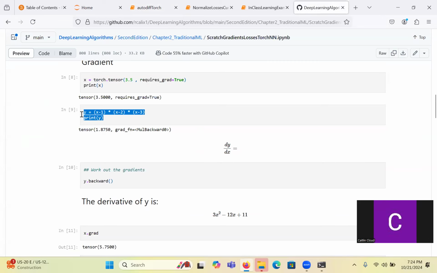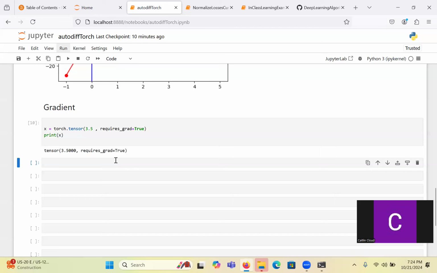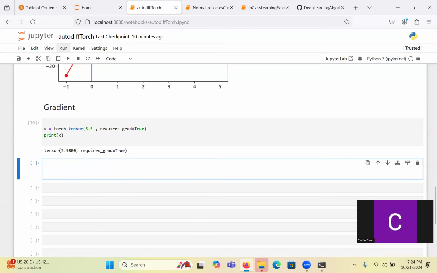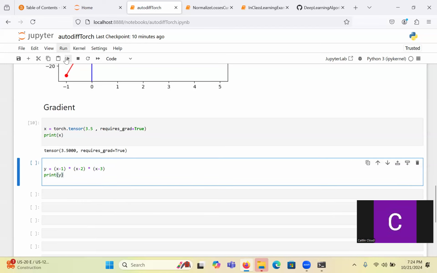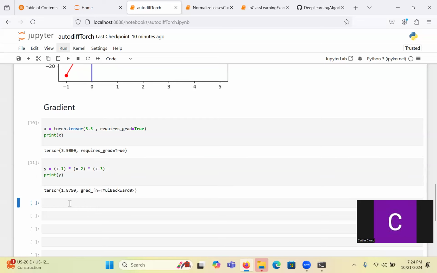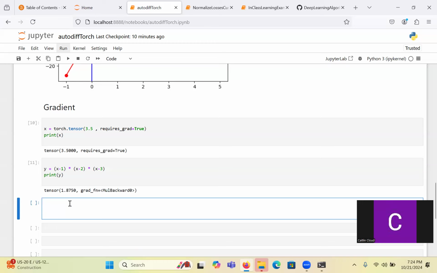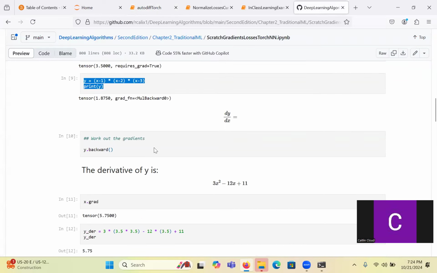Same function over here. I'm just not going to plot it anymore, right? That's my y, 1.875. That's no mystery, right? You've seen that.